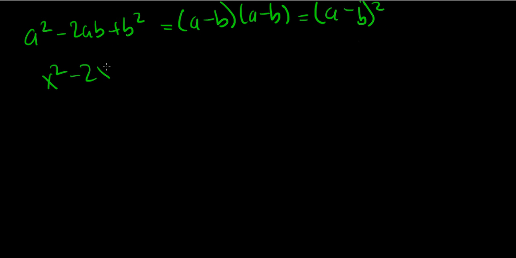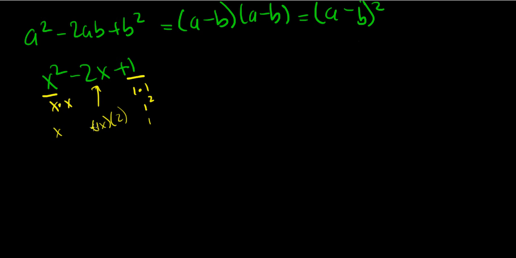If both the first and last term are perfect squares, which in this case x squared would be x times x, and plus 1 would be 1 times 1. And now if we took one term of each, if we took 1 and we took x, multiplied them together, we would have 1x. And if we multiply by 2, we would get 2x, but we need that negative.